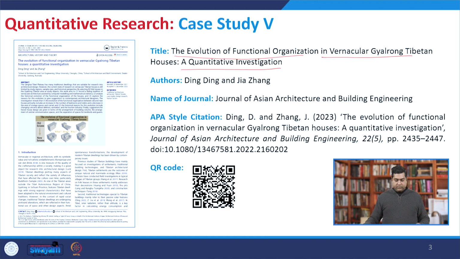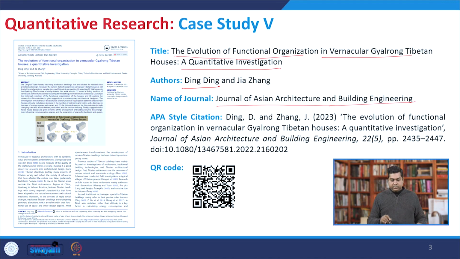The authors of this paper are Ding Ding and Jia Zhang. The journal where they have published it is the Journal of Asian Architecture and Building Engineering, which is also a very good journal in this domain of architecture, published by Taylor and Francis Group.